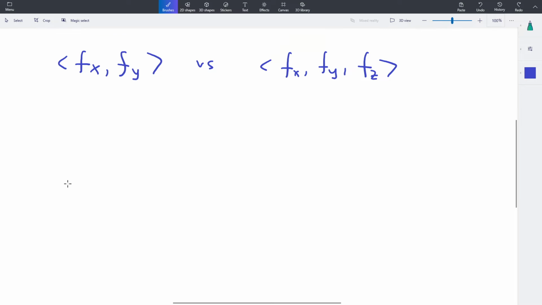So if you are on a hill going upwards and you're standing here, you would have to go in the direction of the gradient along the surface to increase your z. So that is the 2D gradient.